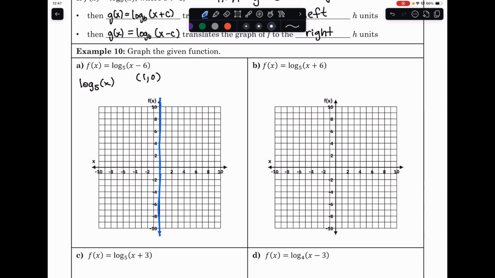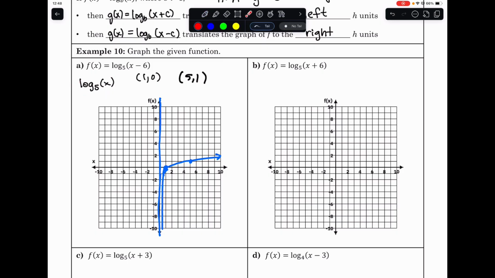Our x-intercept would be located right there at (1, 0). And because the base is 5, that means that when x is equal to 5, the y value would be 1. So (5, 1) would be another point that makes the graph. So just using those 2 points, I could connect them again with my inverted J, and this is what the graph would look like for this function right there.